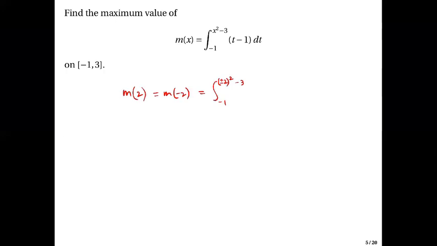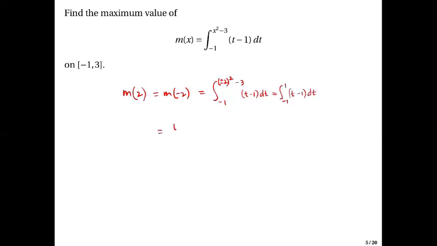Plus or minus 2 squared is 4, and 4 minus 3 is 1. So the limits of integration will be from negative 1 up to positive 1, and then you have your t minus 1 dt.